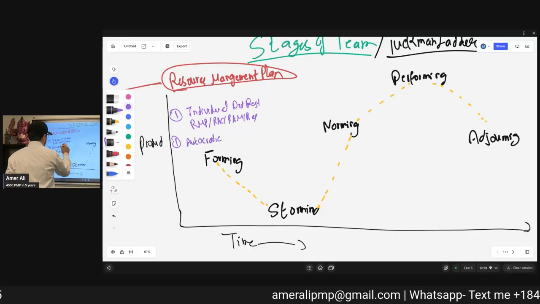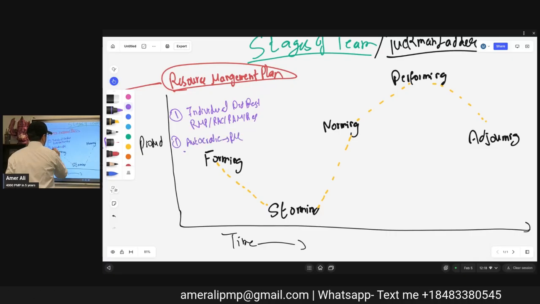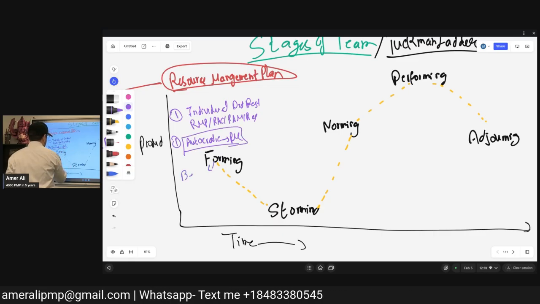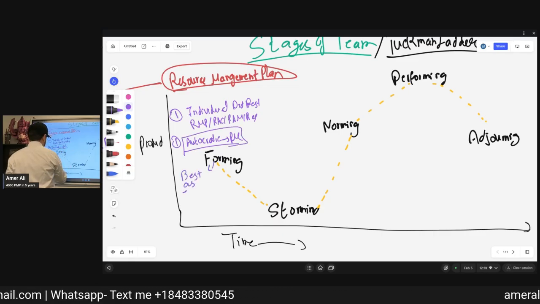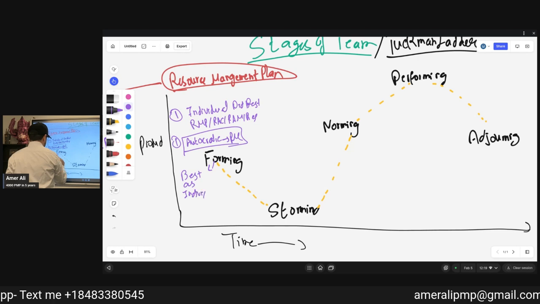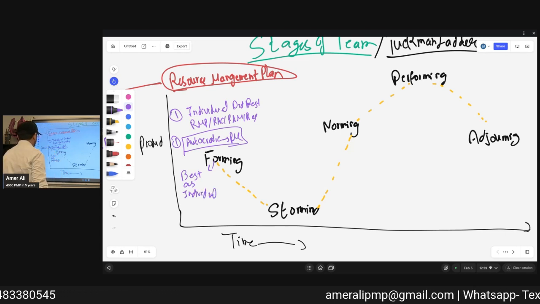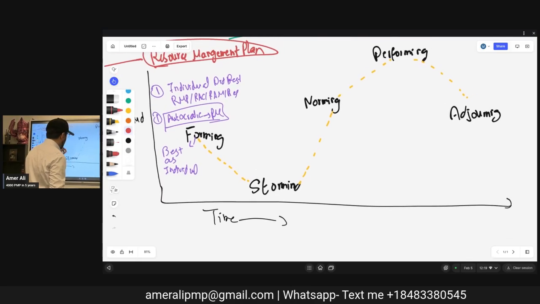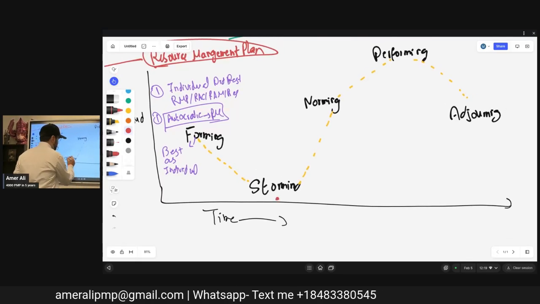As a project manager, you are in an autocratic nature. They do best as individuals. Now we reach the end of the forming stage. From forming, we move on.